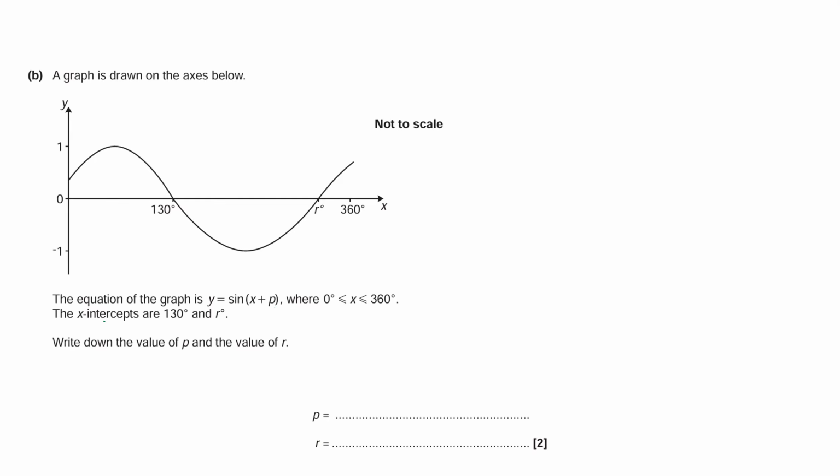And for part B, it's only a 2-mark question, so there's nothing much we need to do here. I think what would help is if you could draw the graph of sine x. The sine x obviously starts from 0, and then it would go something like, if this was 180 degrees, and then of course this was 90.